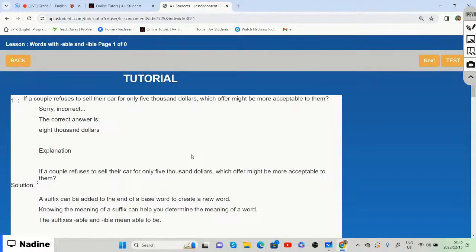So, for example, if a couple refuses to sell their car for only $5,000, which offer might be more acceptable to them? We said that able means the ability to be, able to be, right?